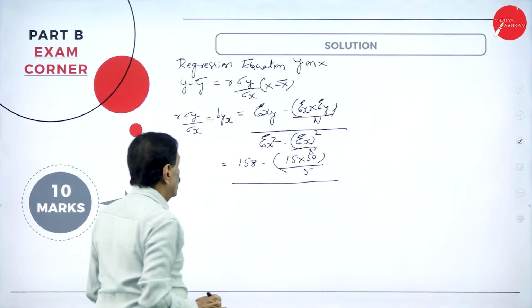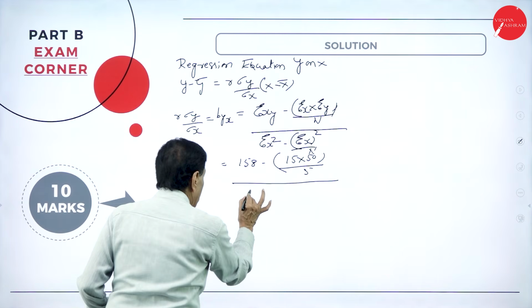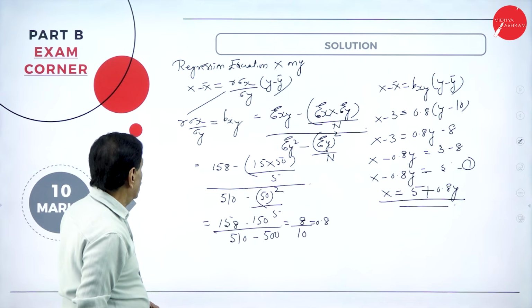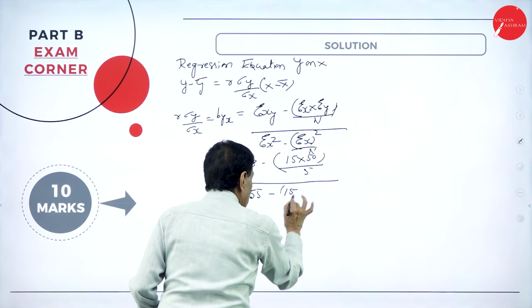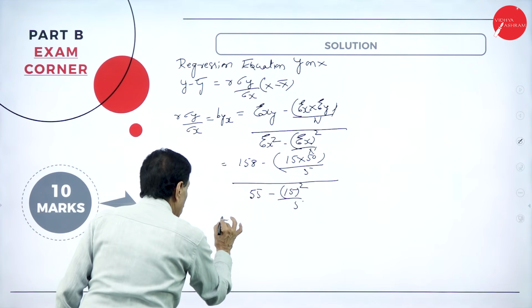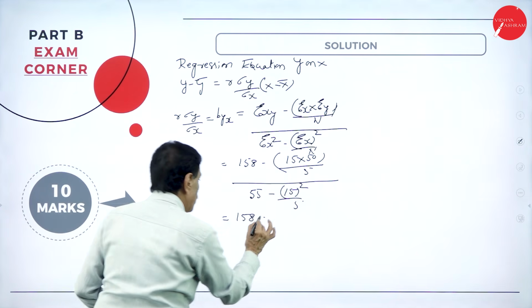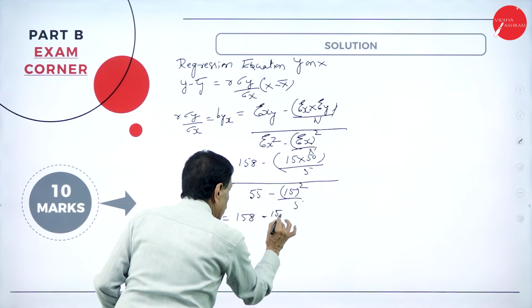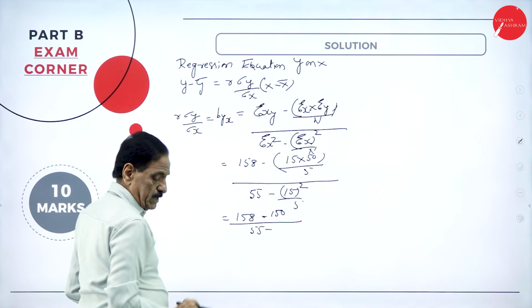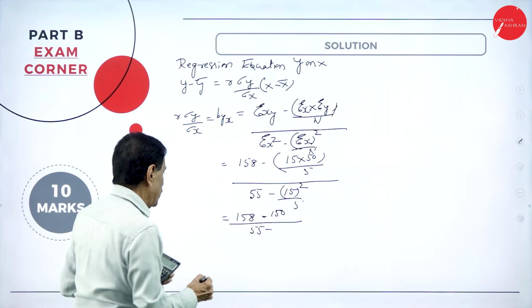What is sigma x square? 55 minus sigma x whole square divided by 5. So 158 minus 150, and 55 minus 15 into 15 divided by 5, 45.